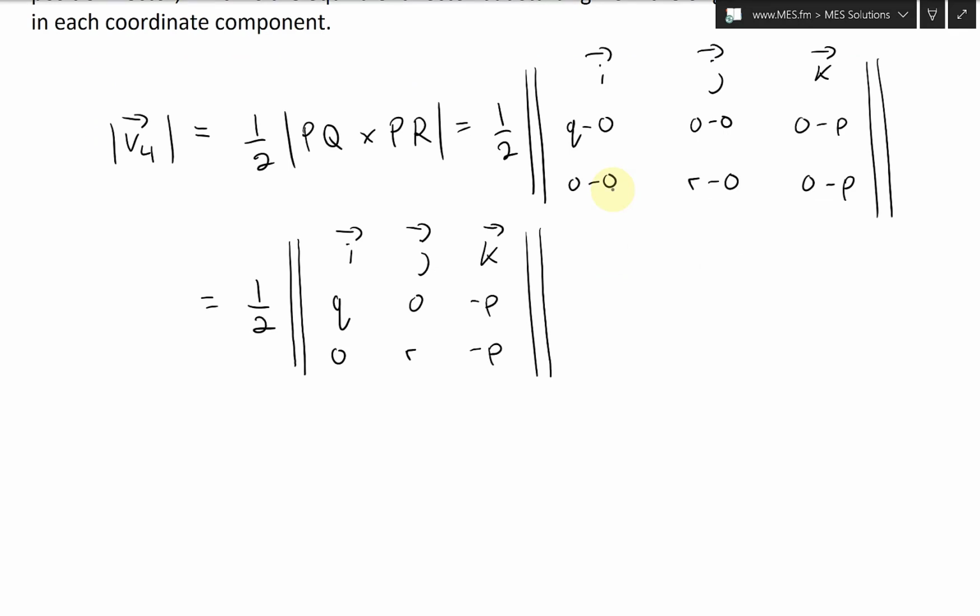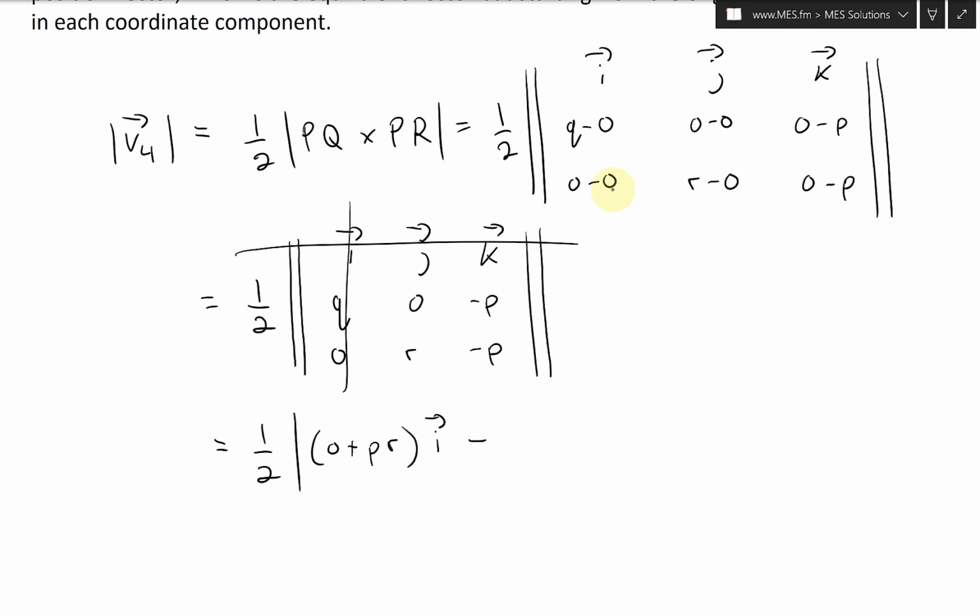Now this equals 1/2, let's put it down here to make it neater. Length, and then this is going to be, cross this out. We're going to go 0 times negative P is 0, and then minus 0, minus, and then this is going to be a negative P times R, so negatives cancel, becomes positive PR, like that. And this is the I component.